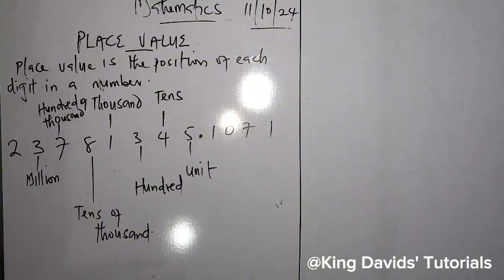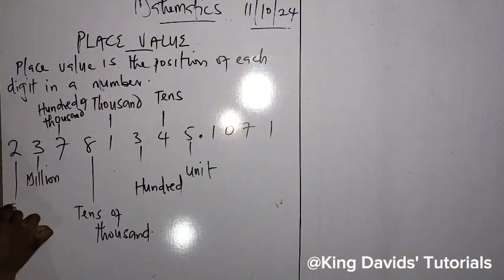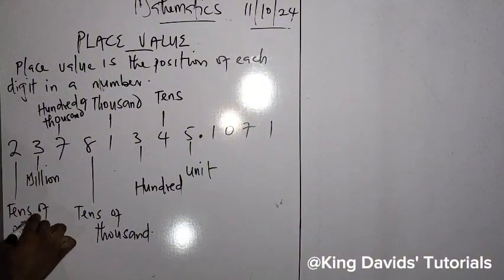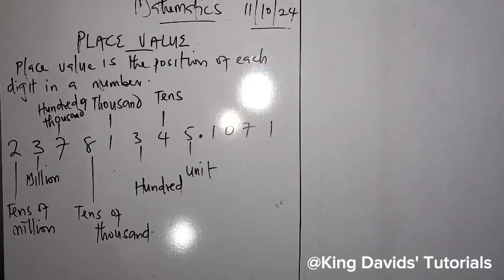It follows this pattern from tens to hundreds. Are we good? From tens to hundreds, and then after tens of millions, the next one we have is hundreds of millions. Then after hundreds of millions, we have billions.